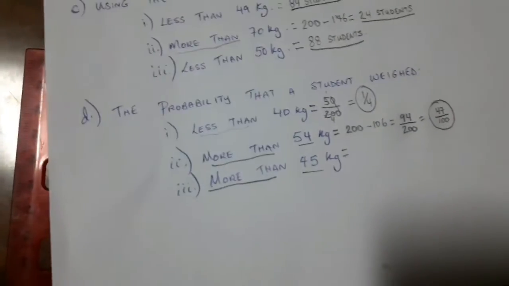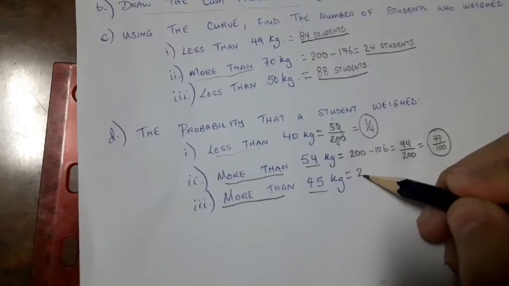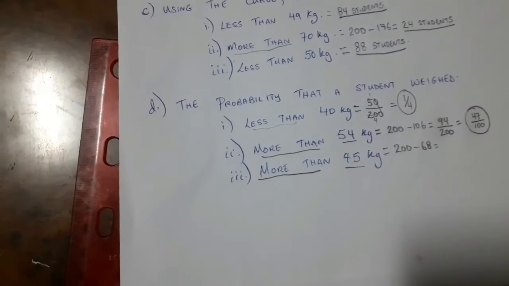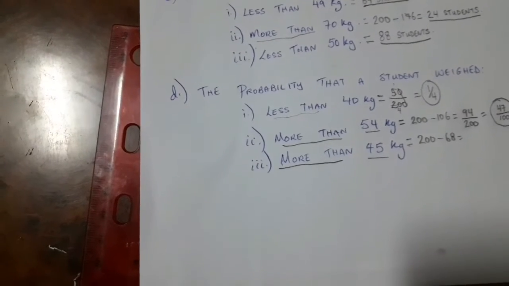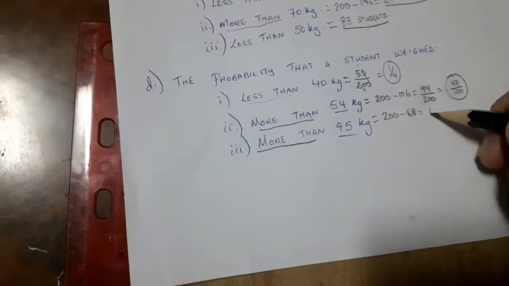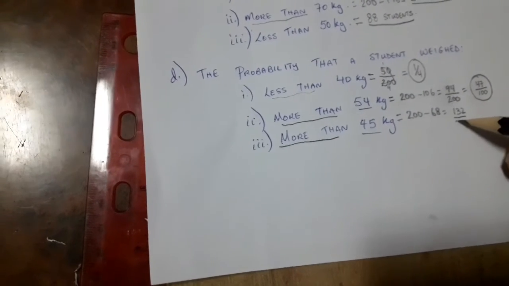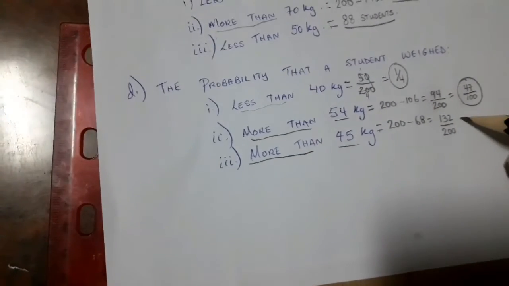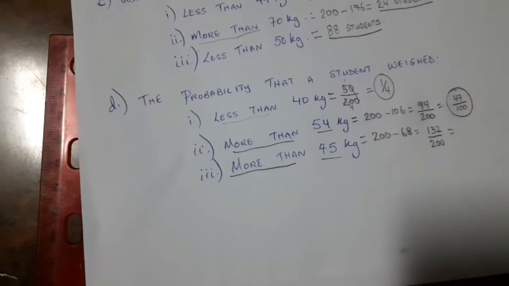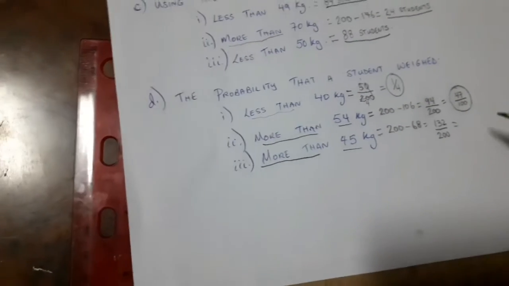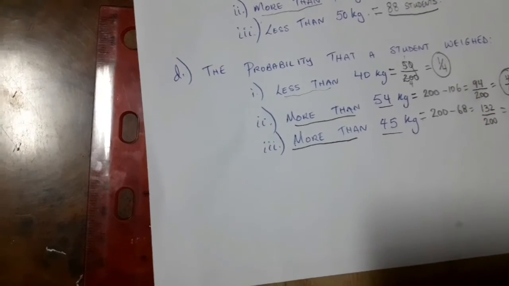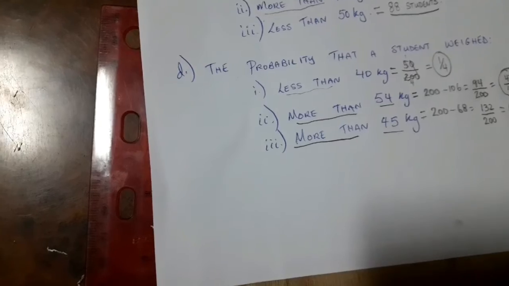Students, 68 is not your answer. So you take the 200, subtract the 68, and we get 200 minus the 68 gives me 132. Probability, we must put over 200. Placing it over the 200 reduces to 33 over 50. So those are the answers for my questions.